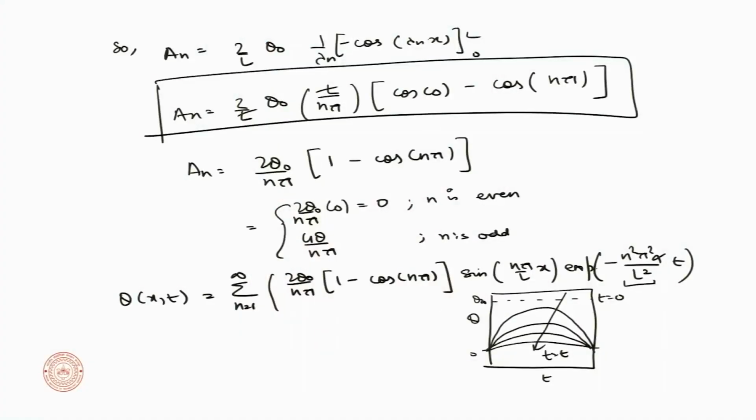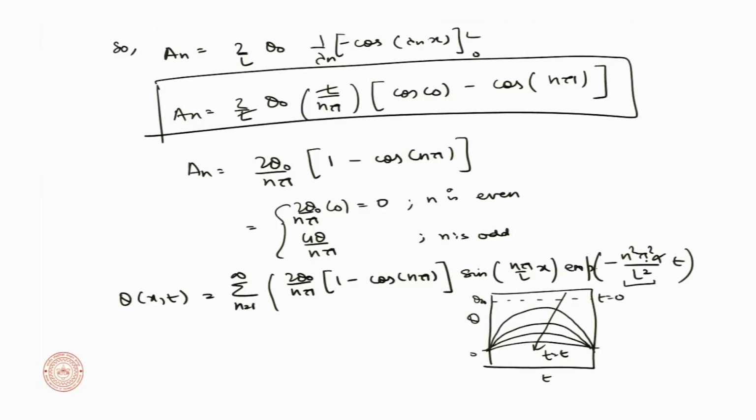Now, when we want to put this expression in a simulation or a plotting software, we cannot take an infinite number of terms, right? That is not possible. So, what do we do in that case? We would take only the first 2 or 3 terms. We can see that this exponential term will become very large very quickly as n increases. So, there is no point taking more than 2 to 3 terms.